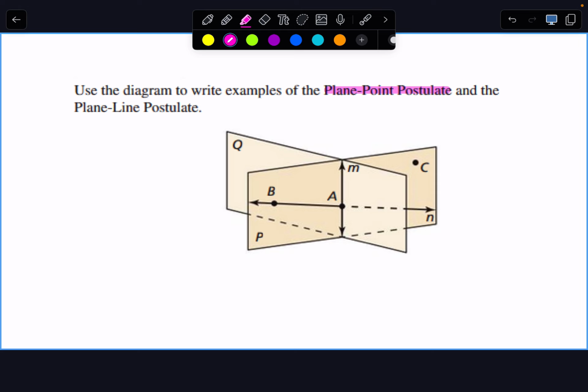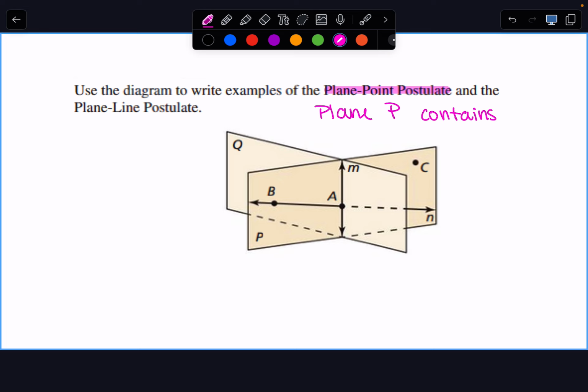Okay. So, if a plane contains at least 3 non-collinear points, what plane should we look at? Should we look at Q or P? P. So we can say that plane P contains 3 non-collinear points.